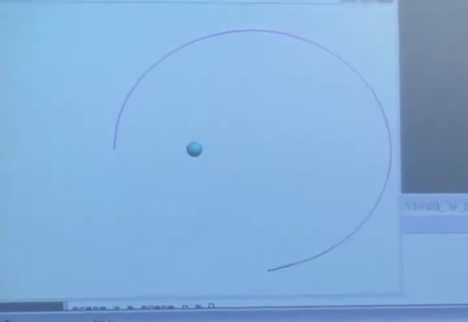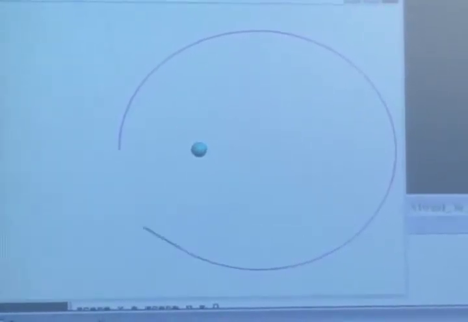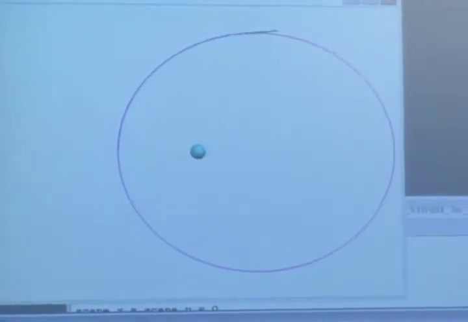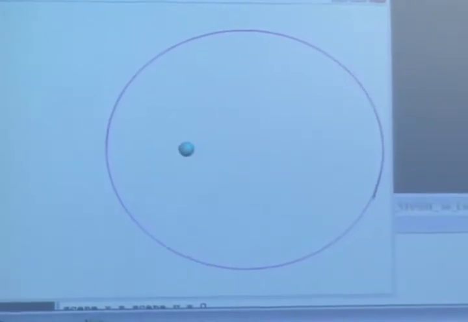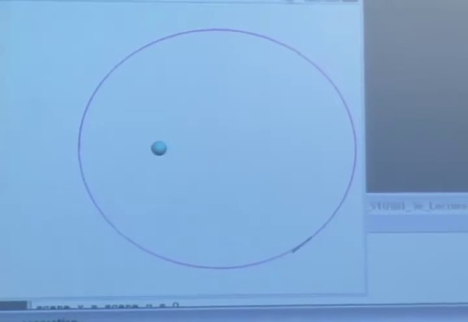Okay, so we've got a star and a comet going around it in a sort of elliptical orbit, which is what comets tend to do. And so if we calculate the gravitational potential energy every time we update the momentum and then plot it, we should get a plot that looks like this, right? So let's tell it to do that.